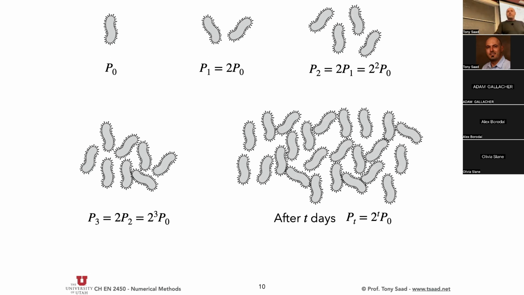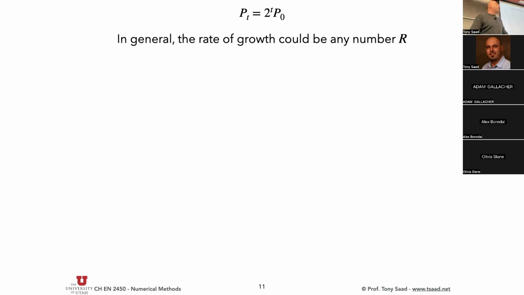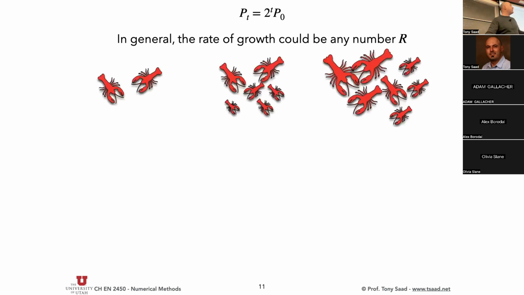Simple, right? So now in general, the rate of growth could be any number R. So you don't have to take singular organisms. Take lobsters, for example. 2 lobsters, they meet, they get married, they start making babies. Some of them have 7 babies, some have 3 babies, some have 17. I don't know how many babies they have, but it could be any number R. It doesn't have to be 2.